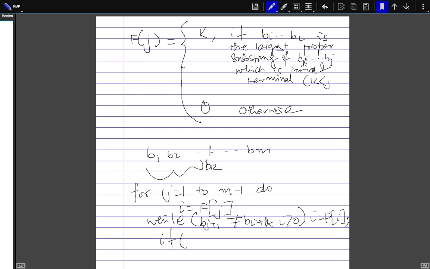So when I is 0 means that we have reached the end of the loop and we haven't yet figured out a point or a pattern or a subset of the pattern which can form the initial substring and which is also equal to the terminal substring. So at that point we say that there is a terminal substring and j plus 1 might as well be 0, which is that we start from the beginning, the starting point.